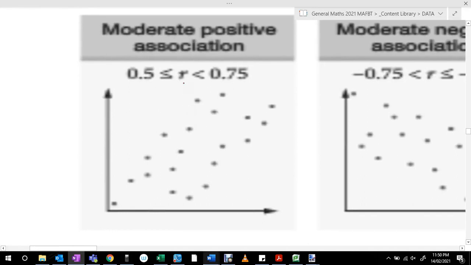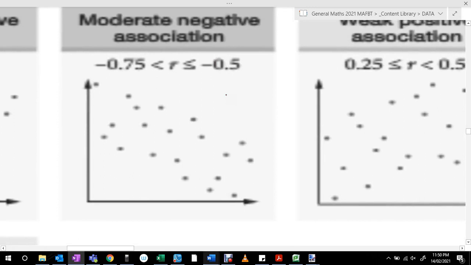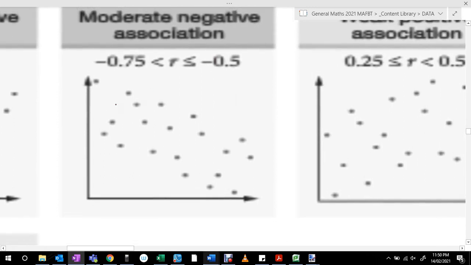Alright, so the R value here is between 0.5 and 0.75. And remember, if it's a negative R value, that means the dots will be going down. Okay, and you can see that this R value is between -0.75 and -0.5, so they're a bit more spread apart.